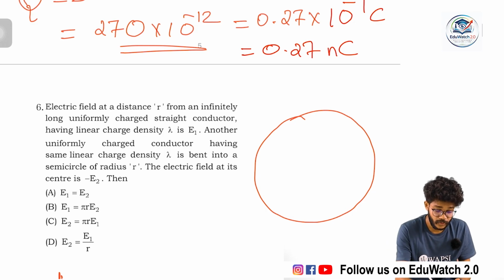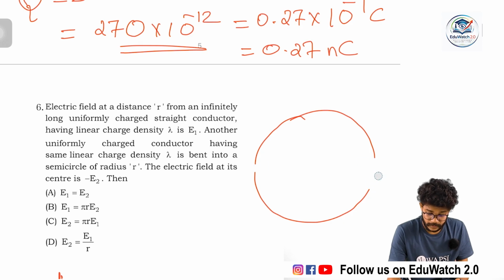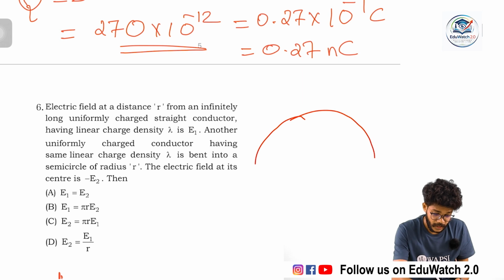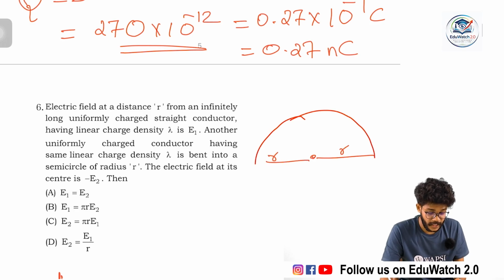This is a circle, so the semicircle will look like this, with radius r. The electric field at its center is minus E2.